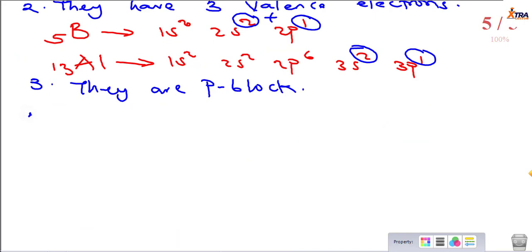Okay, apart from that, what about their reducing ability? Or before we talk about the reducing ability, how do they ionize? Now, you know they have 3 valence electrons, right? And what does that mean? It means that for them to form a stable structure, it's either they lose those 3 valence electrons or they gain 5 valence electrons.